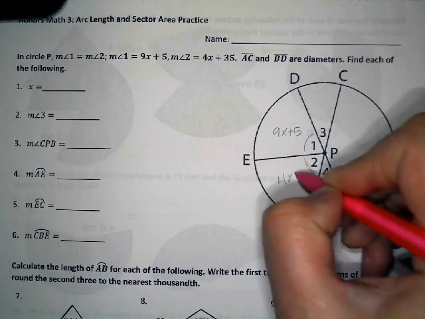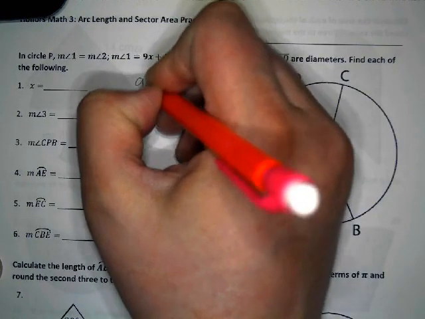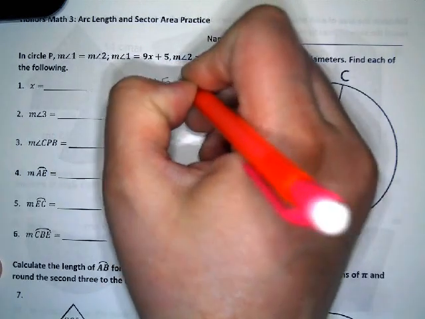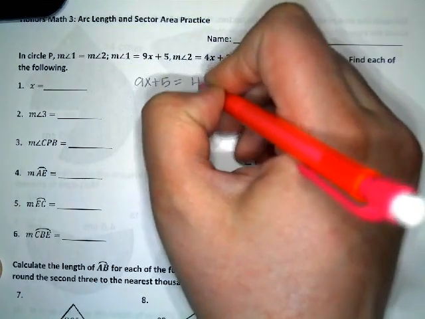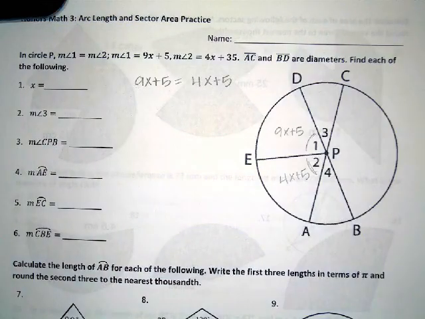Okay. So what could we do if we want to solve for x and then find those measurements? Yeah, we're going to set them equal to each other. 9x plus 5 equals 4x plus 35.